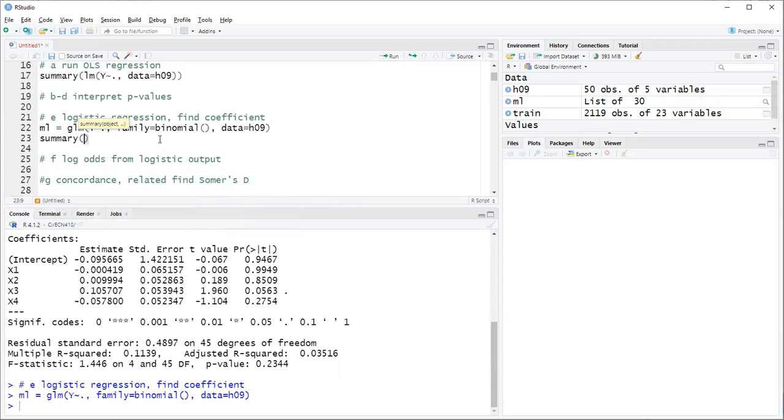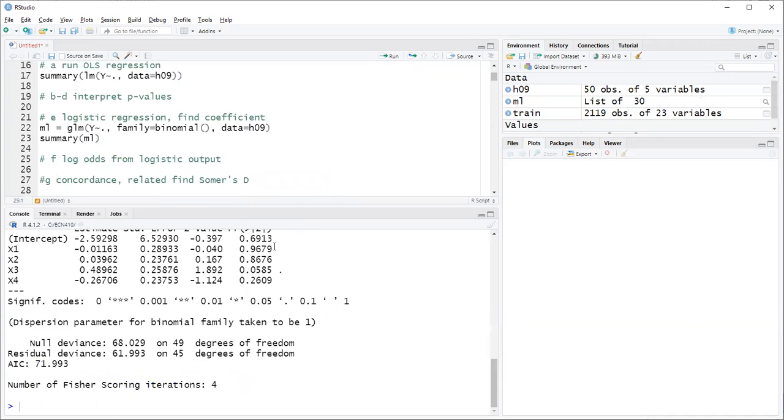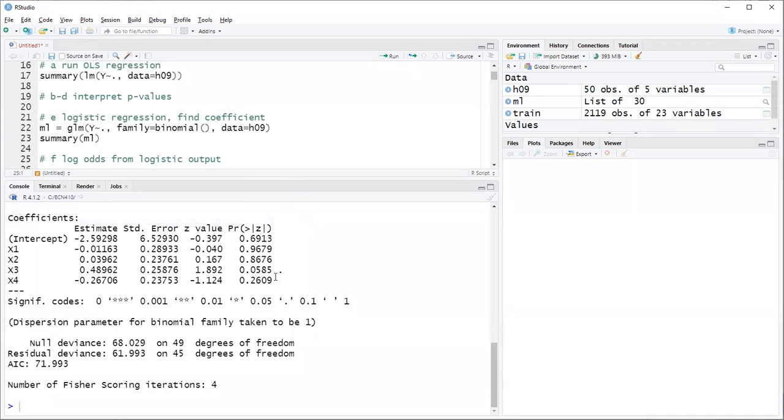And then I want to see the output. So a summary of my model that's logistic, ML. And I get this as a result. Now, some differences here. Now the test statistics are Z values instead of T as they were before. Again, it shows the p-values, and not surprisingly, again, x3 is close to statistically significant at the 0.05 level, 0.0585, so not quite, but close.